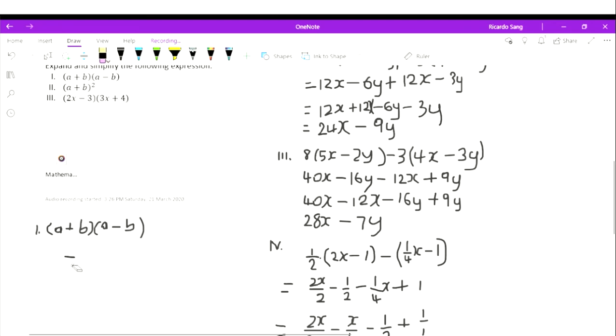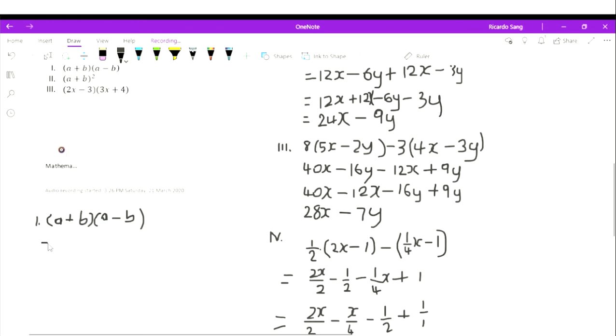So literally, when you see it written like this, we are saying A open bracket A minus B close bracket, plus, that's a positive B, open bracket A minus B. That's pretty much what we are saying.